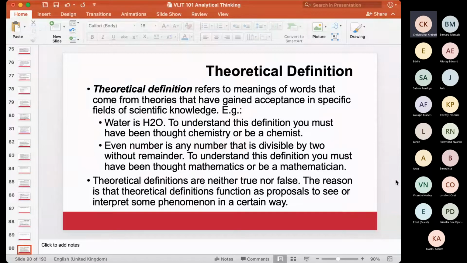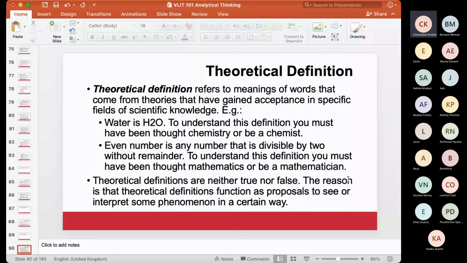Those of you who are savvy, who want to go further into reading and analyzing most of these practical issues, can go there. So lastly, I will discuss this and we will finish the few other issues under the topic, and then that will be it. So that is the theoretical definition. Theoretical definition refers to meanings of words that come from theories that have gained acceptance in specific fields of scientific knowledge.